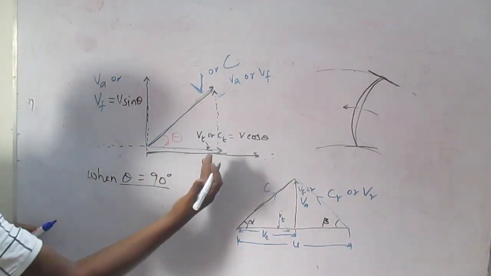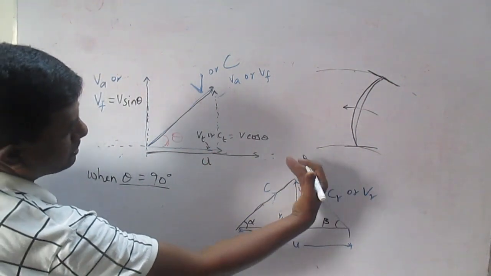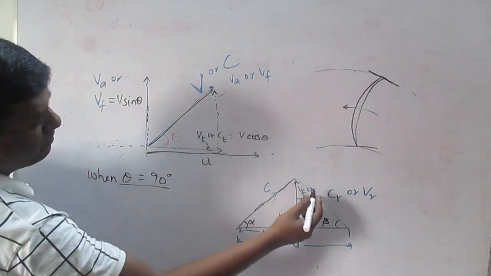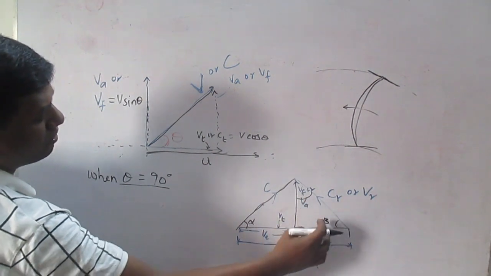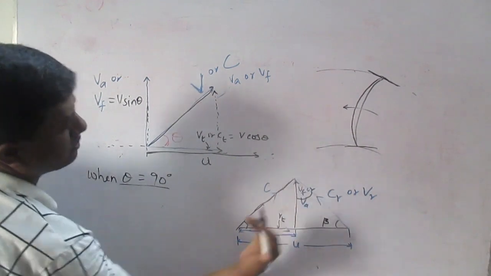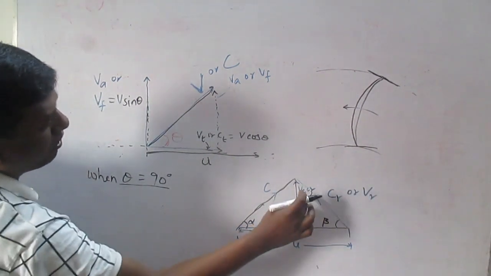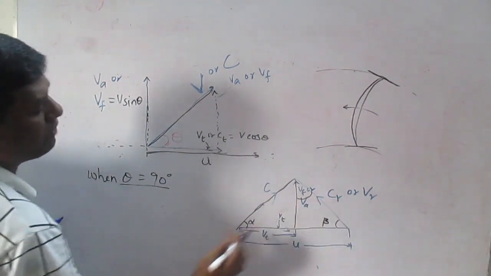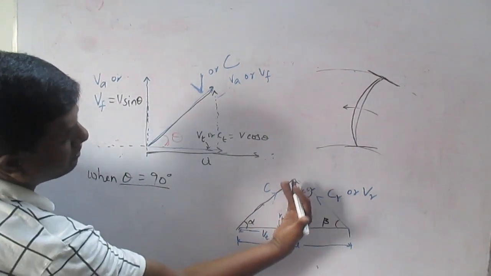Or suppose if this angle is 0, then also this CR will become axial. So when this theta equals 90 degree or this angle is 0, in both conditions we will have the relative velocity in the vertical direction.